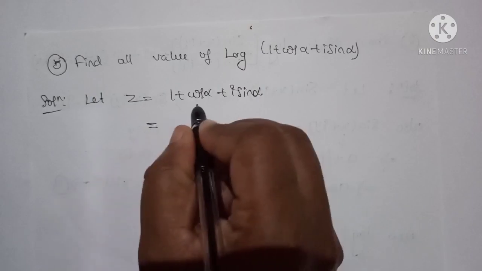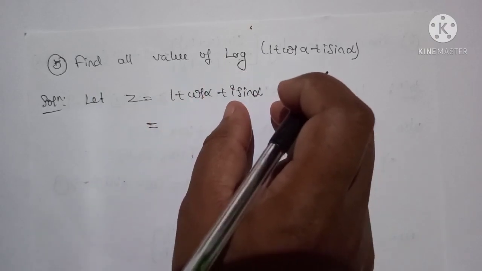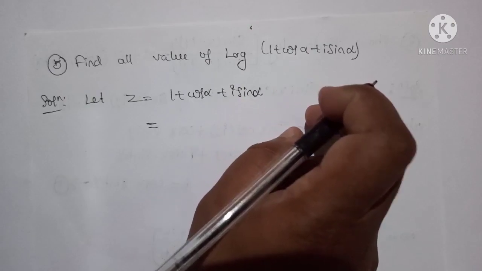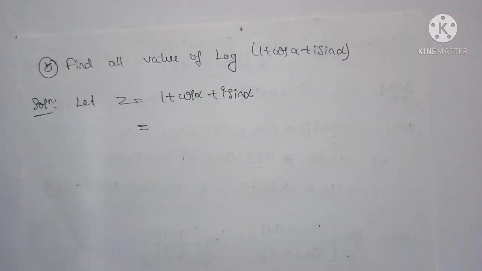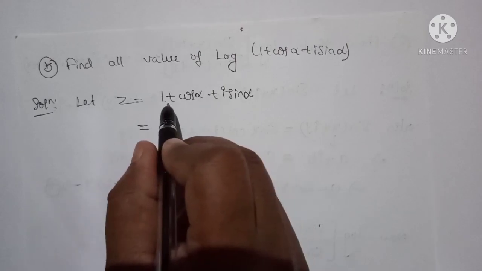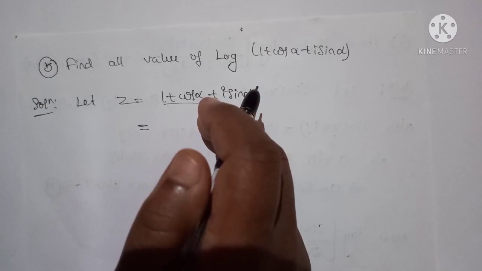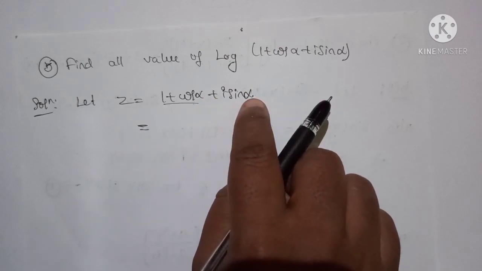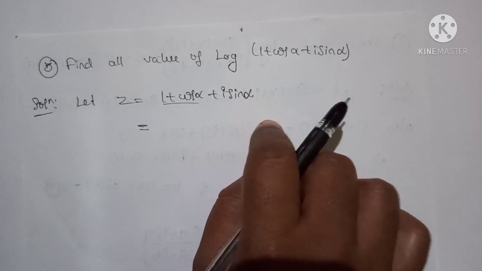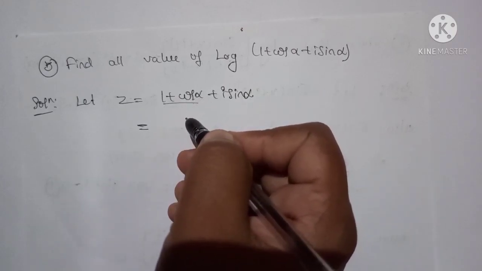Here 1 plus cos alpha is the real part and sin alpha is the imaginary part. For further simplification, we substitute 1 plus cos alpha equal to 2 cos square alpha by 2, and sin alpha equal to 2 sin alpha by 2 into cos alpha by 2. So here also the angle is alpha by 2.